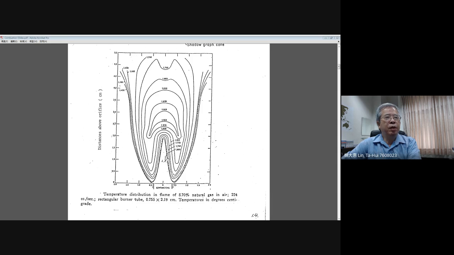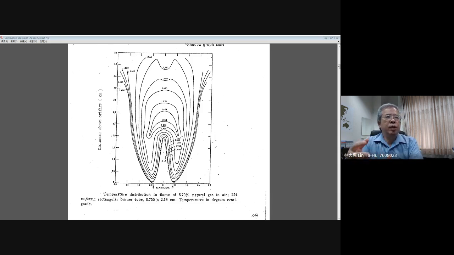But from the one-dimensional premixed flame description, we understand the luminous zone or visible zone is actually ahead of the highest flame temperature zone, right? Because the luminous zone represents a large amount of intermediate species.